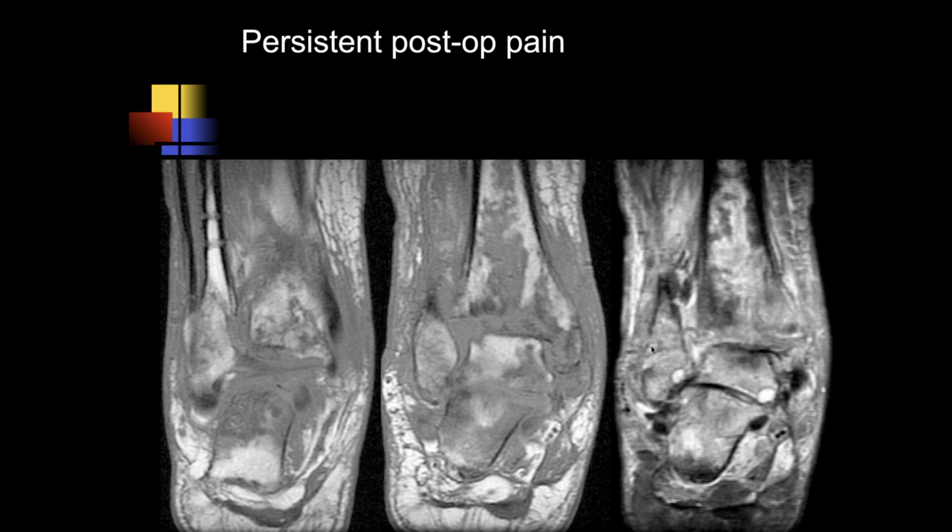You treat it with the hardware in place as long as you possibly can to try to cure it. Once you remove the hardware, you don't have stability, and the infection will just increase. There's no way to stop it. So hardware is something you just do not remove.